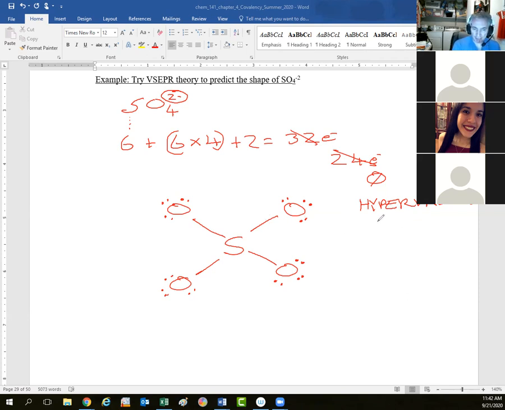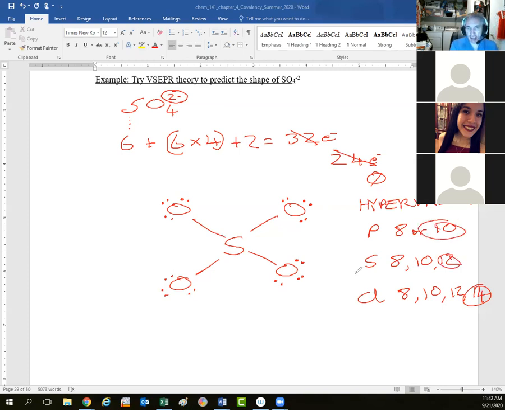It's hypervalent. And we said that phosphorus can have 8 or 10. Sulfur, excuse me, can have 8, 10, or 12. And chlorine, the last of the hypervalent elements we look at, can be 8, 10, 12, or 14. Each atom takes it a step further than the last.